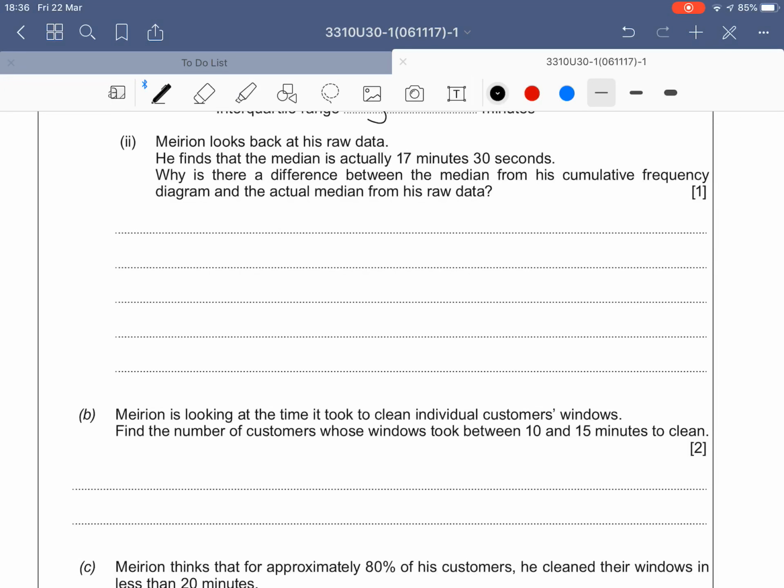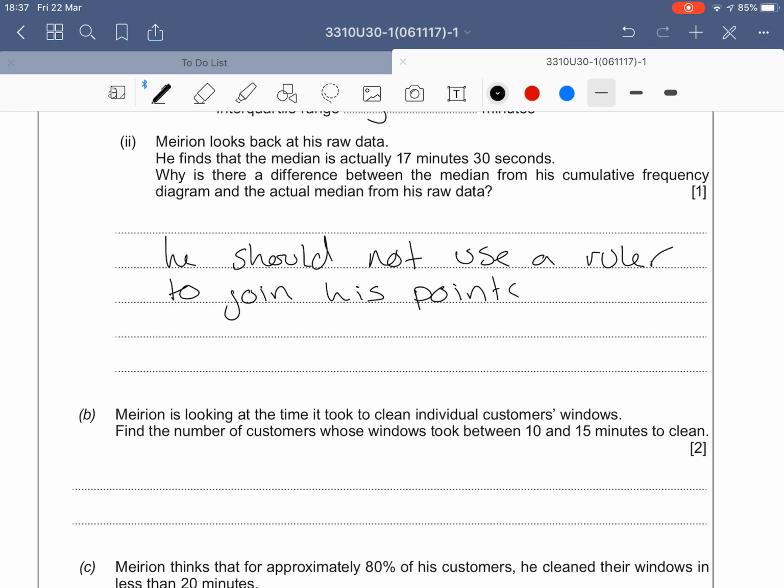He should not have used a ruler to join his points. It needs to be a curve. Cumulative frequency needs to be a curve.